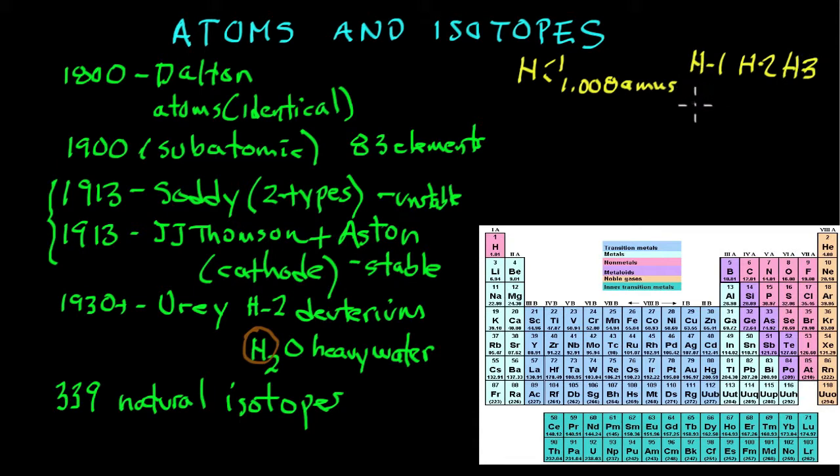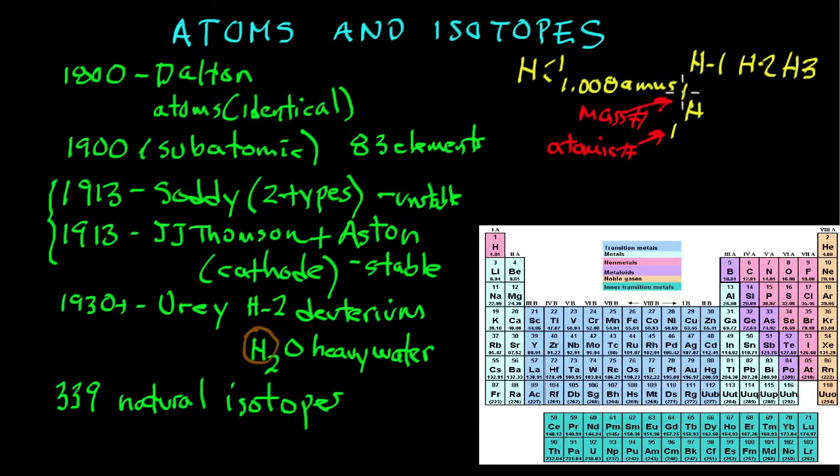We can list them this way also. Hydrogen 1 could be listed with a superscript and a subscript. The superscript 1 represents the mass number, that's the number of protons plus neutrons. And the subscript 1 is the atomic number, that's the number of protons. The number of protons in the nucleus identifies the atom.